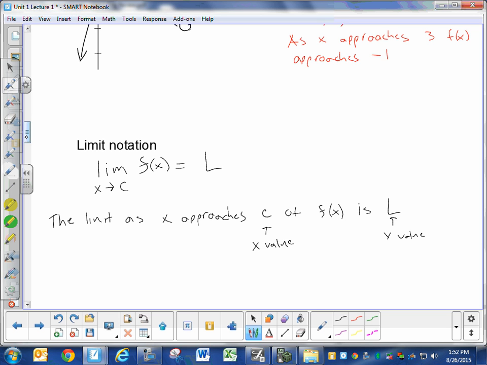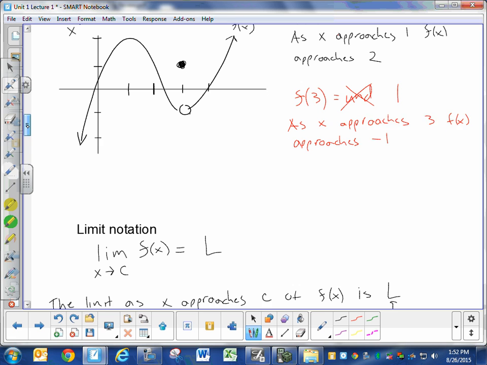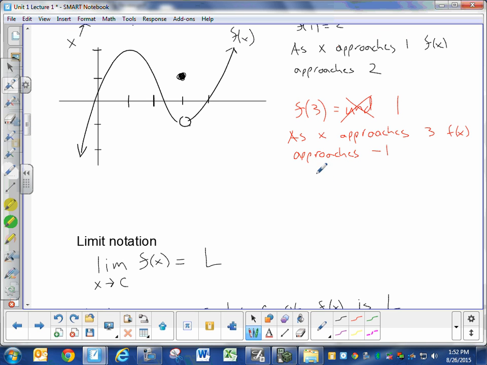So if I come up here, both of these statements I can write using limit notation. I could say, okay, as x approaches 3, f of x approaches -1: the limit as x approaches 3 of this function f of x is -1. Even though f of 3 is either undefined, if this wasn't here, or if it was here, it's 1.